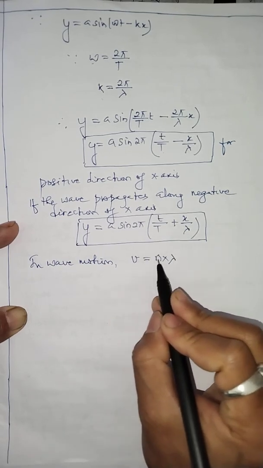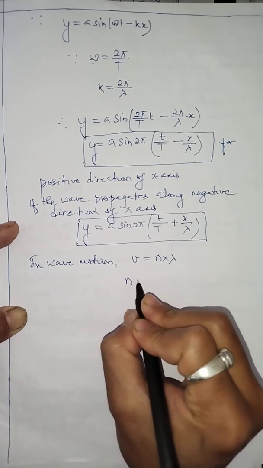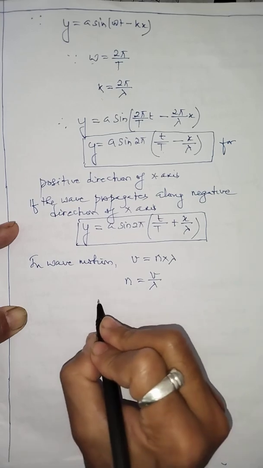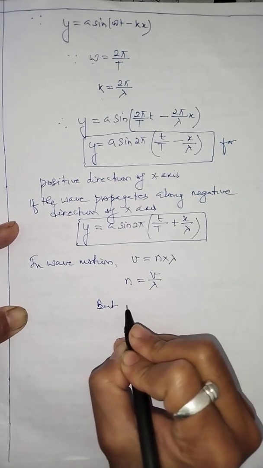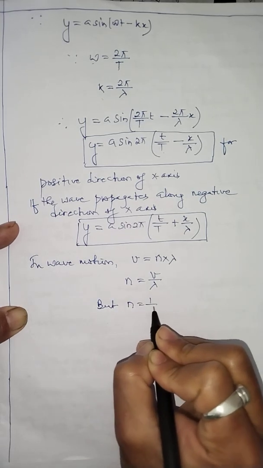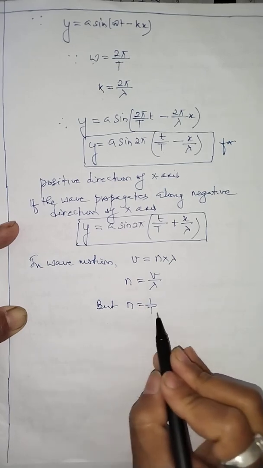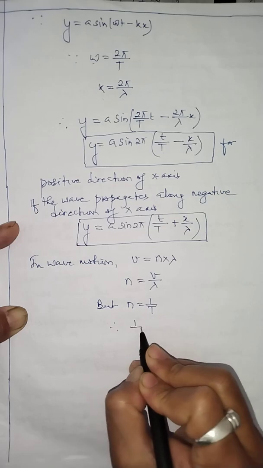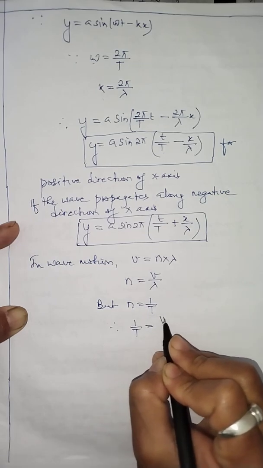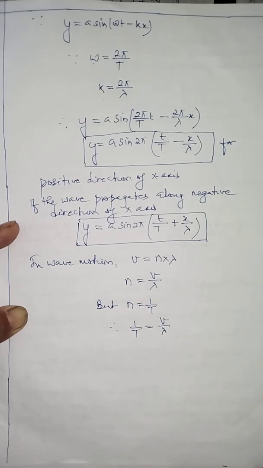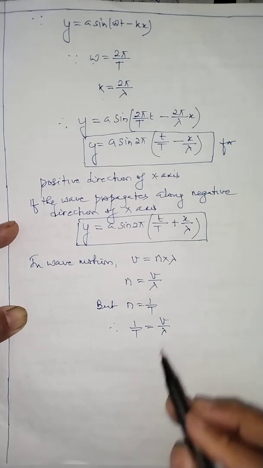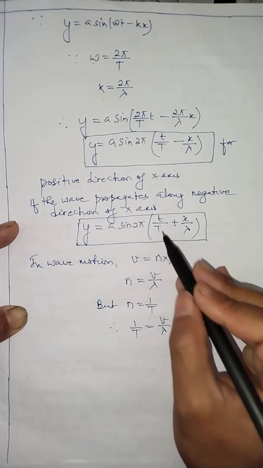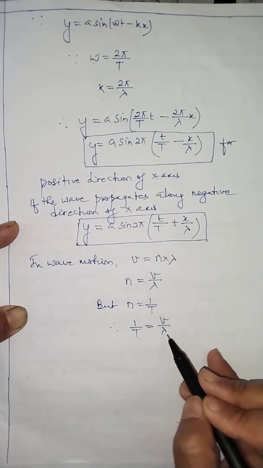So frequency equals v by lambda. But you also know that frequency is 1 by T, since frequency and time period are reciprocal to each other. So 1 by T equals v by lambda. Now I replace 1 by T in the expression of displacement by v by lambda.